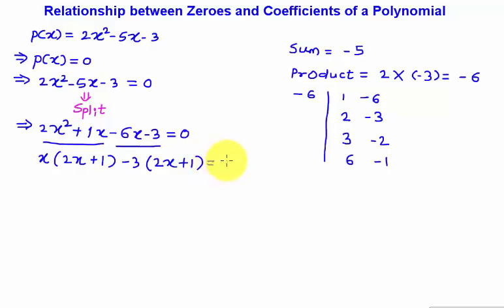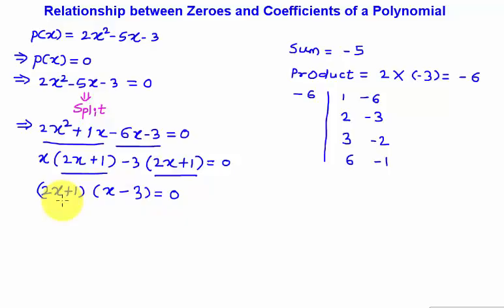That must be 0. Now we can take 2x plus 1 out as it is common and what remains inside the bracket is x from the first term and minus 3 from the second term. So that must be 0. To have the value of the equation as 0, either the first factor should be 0 or the second factor should be 0.